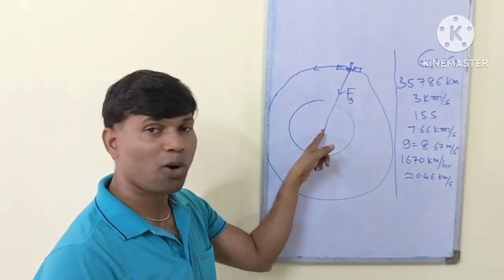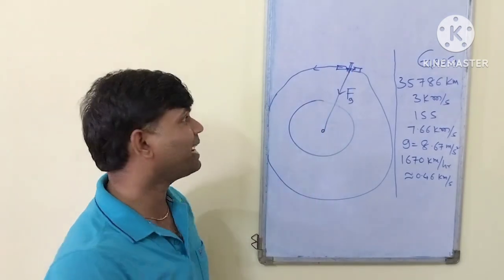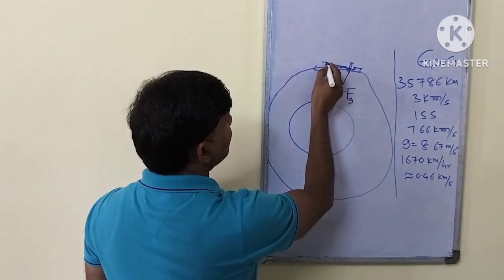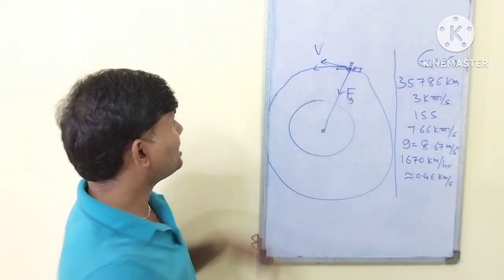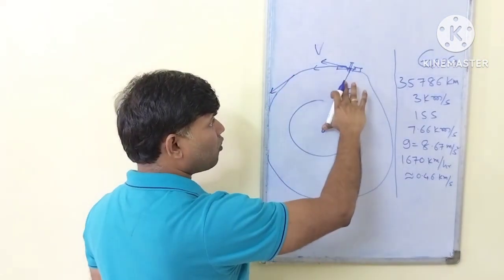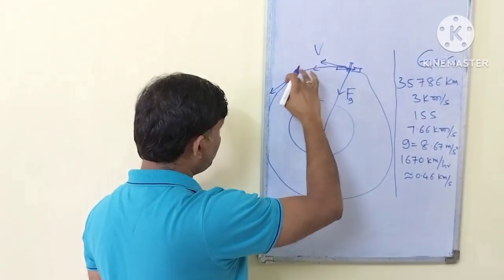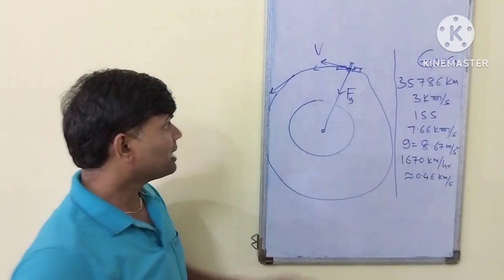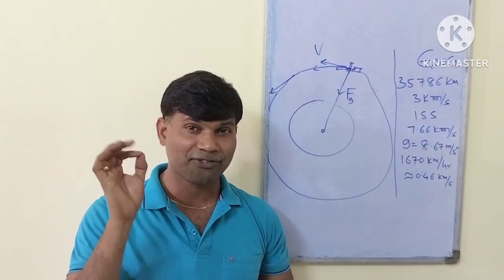But it is not falling down towards the Earth. So this force is making, this is the instantaneous velocity direction. So this velocity direction is continuously changing. This force is making the International Space Station move in a circular path. This gravitational force is playing a role of centripetal force.